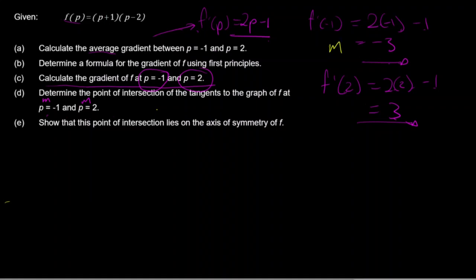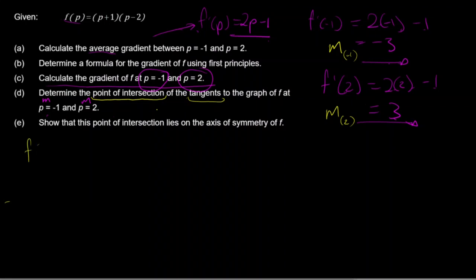Let's just write them in as such. We'll call them m at -1 and m at 2. So we have those two gradients sorted. Now we need their straight line equations, because they want a point of intersection for those tangents. We have the x values for the points of contact; we need their requisite y values.